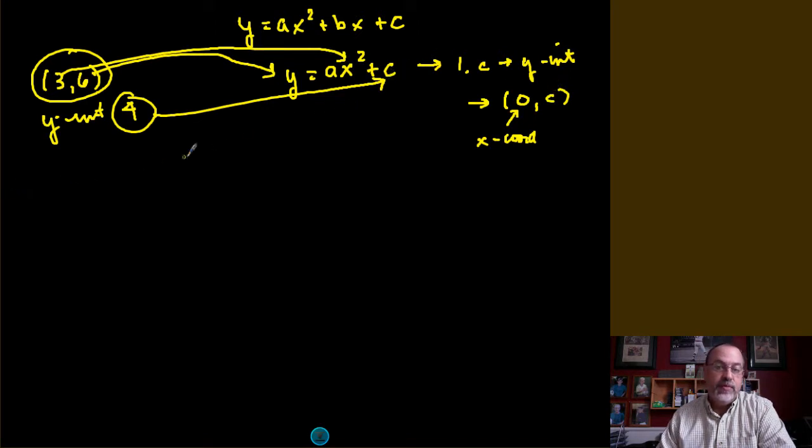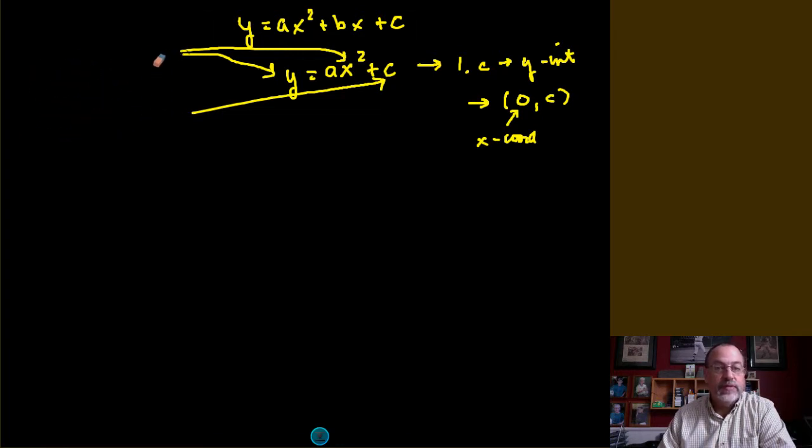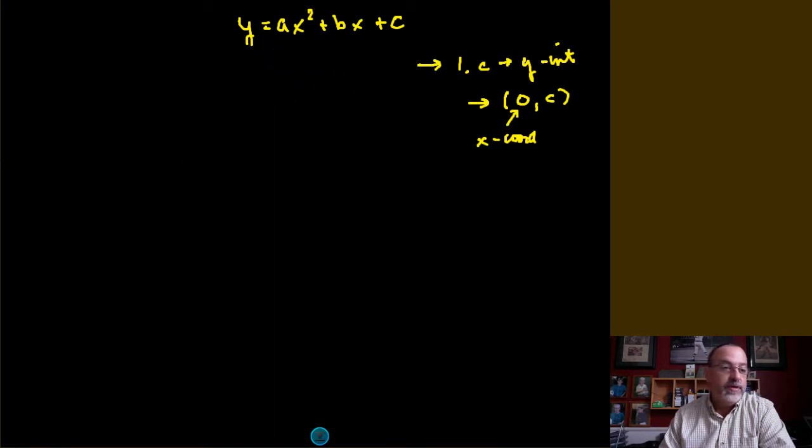So another example might be, let's see if I can erase some of this without messing up everything. I'm going to have to rewrite that. Ax squared plus c. Another way they might give it to me, they might say, give me the equation of a parabola that goes through the point 3,6 and the point 0,7.